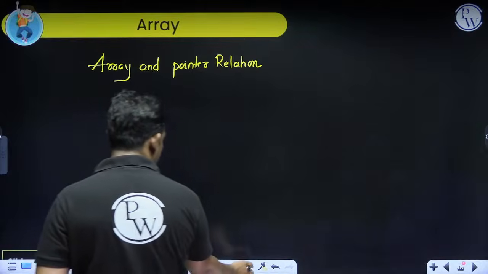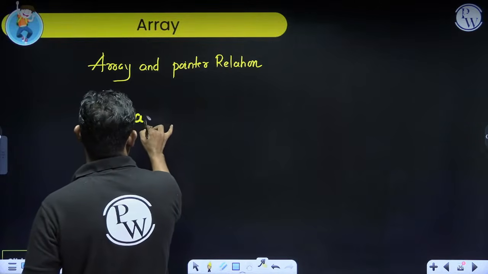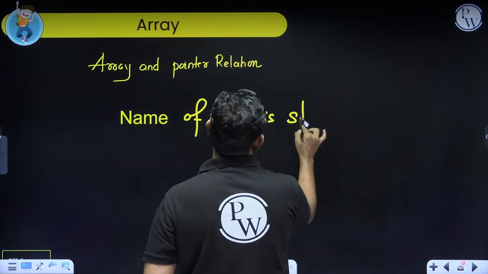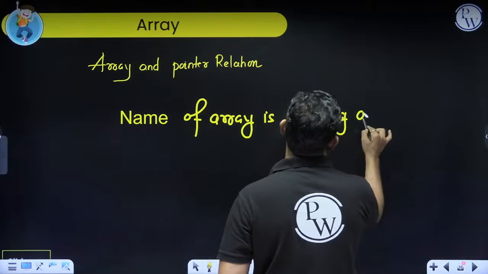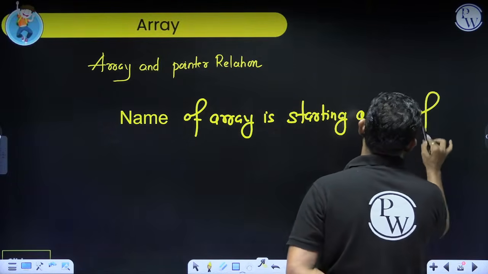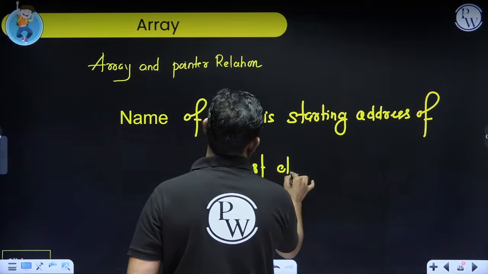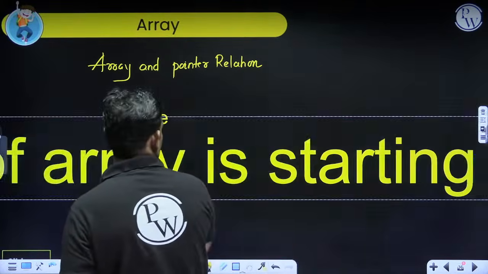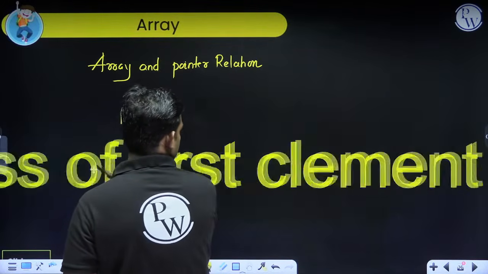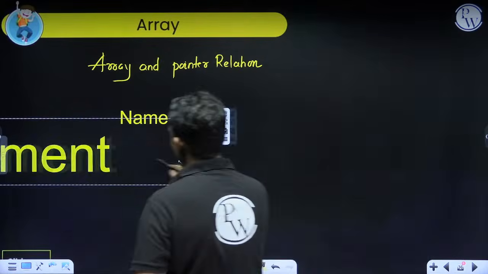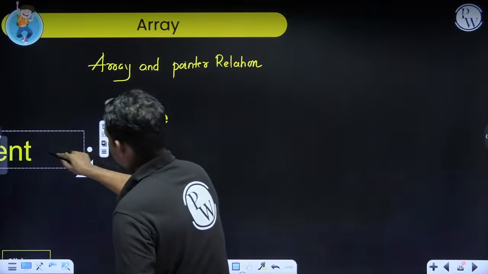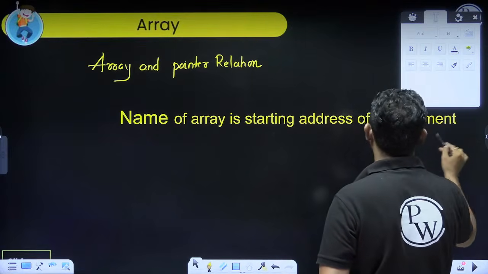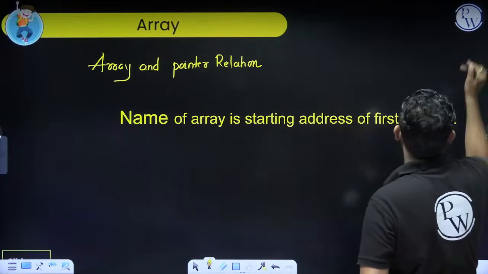This is something that we have to remember whatever way we can: the name of the array is the starting address of the first element. We must first address and learn this.